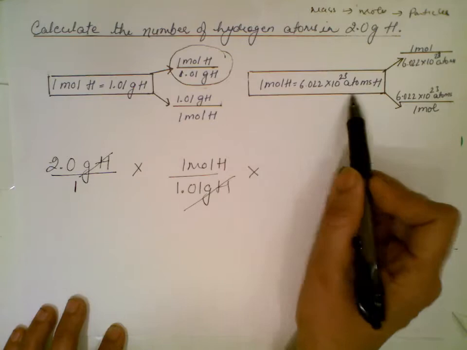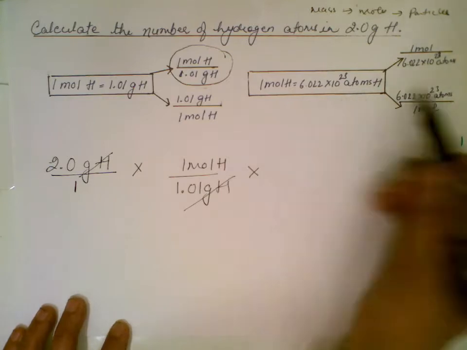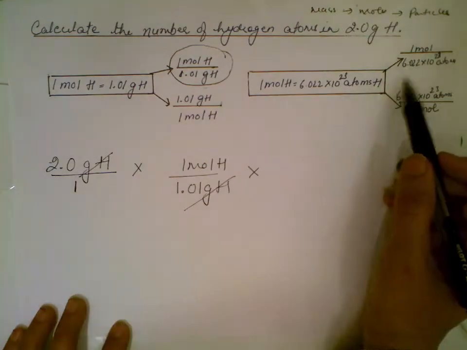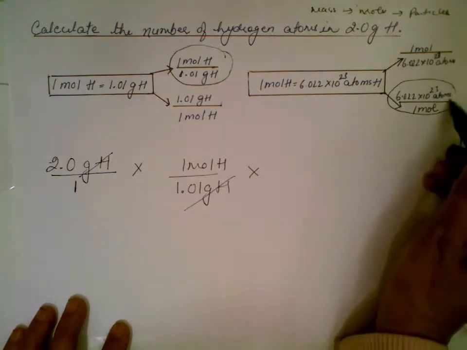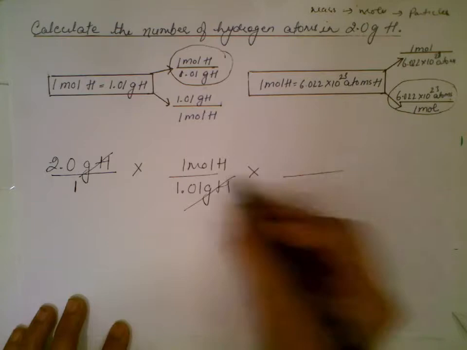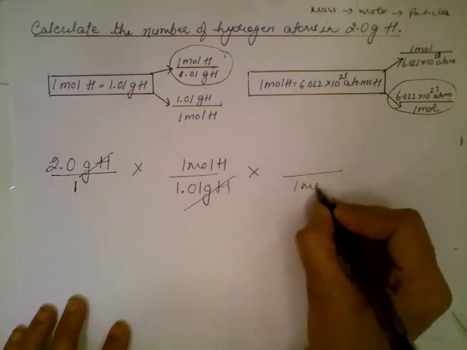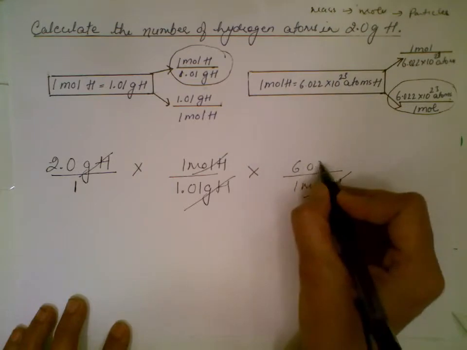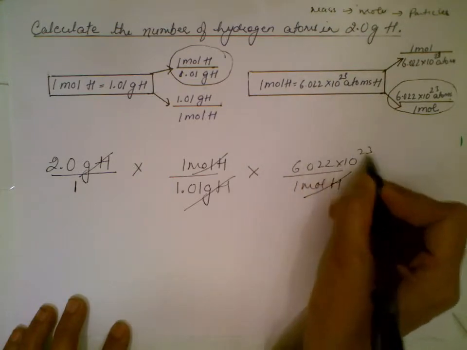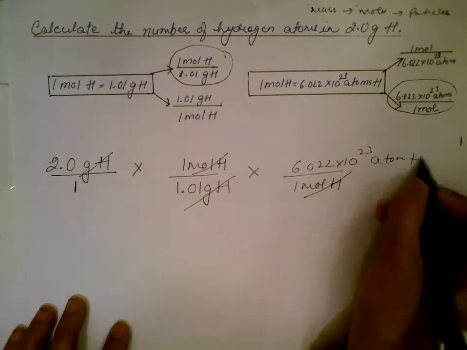This is again correct, by our definition. And since we have to find the atoms, we are going to use this fraction. It has atoms at the top. So we don't want the moles, we want to cancel them out. So moles and moles get cancelled. And what you need is in the numerator.